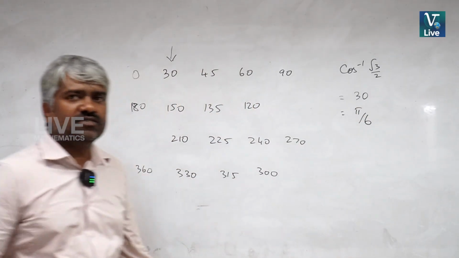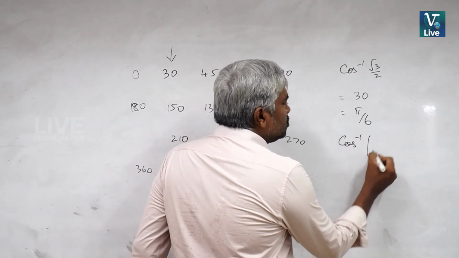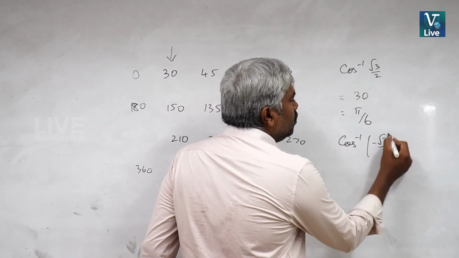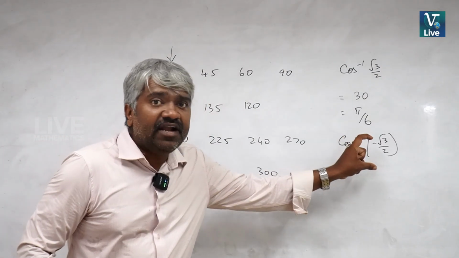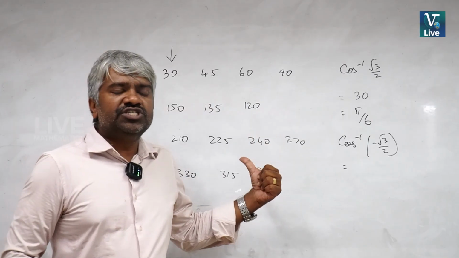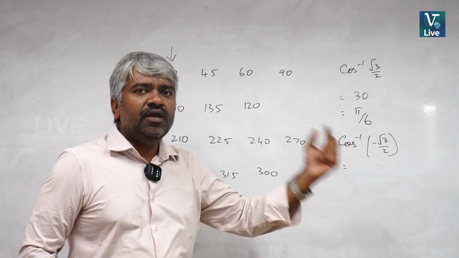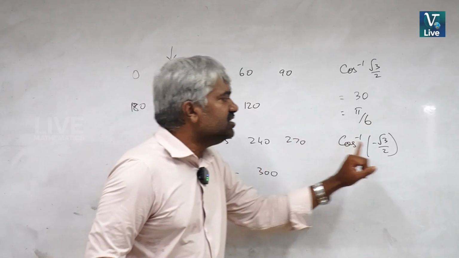which in radians is pi by 6. Similarly, when it is cos inverse of minus root 3 by 2, in this case the value is negative. Since I have mentioned in the above session that cos value will be in the first and second quadrant, since it is negative, it comes in the second quadrant.